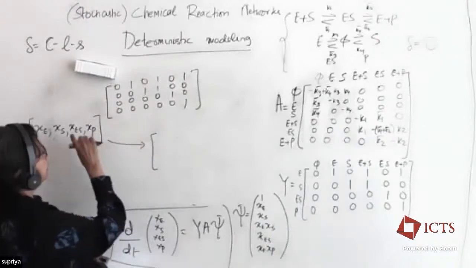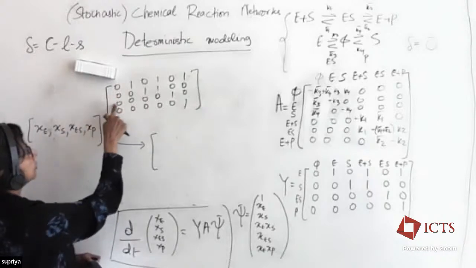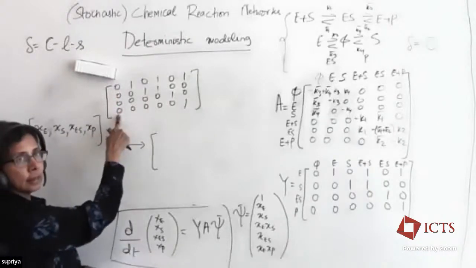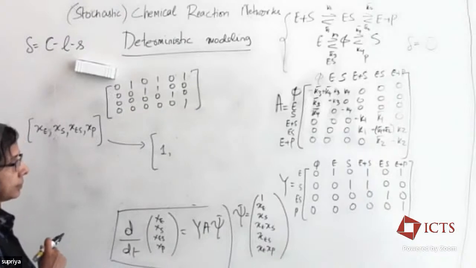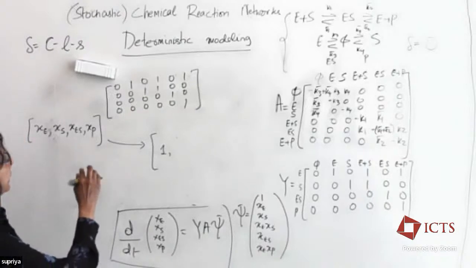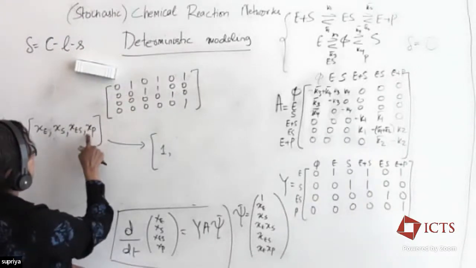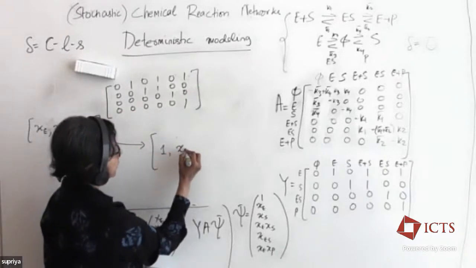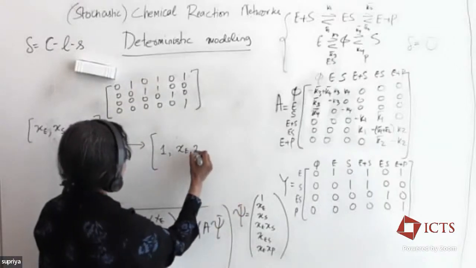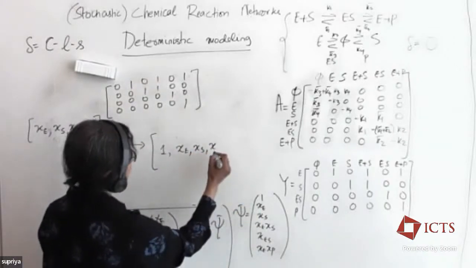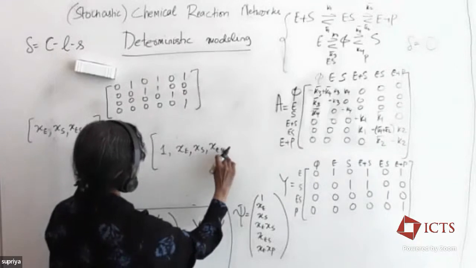The first element is xe to this quantity times xs to this quantity times xes to this quantity times xp to that quantity. But of course, all that is 0, so the first element is just 1. The second element is xe to this quantity, xs to this quantity, xes to this quantity, xp to this quantity. That's just xe. So you see where I'm going. If I continue this way, I'll get exactly back psi as a row vector: XE, XS.